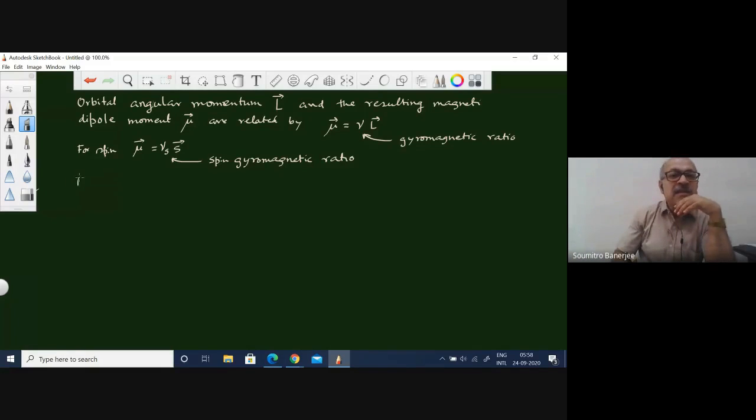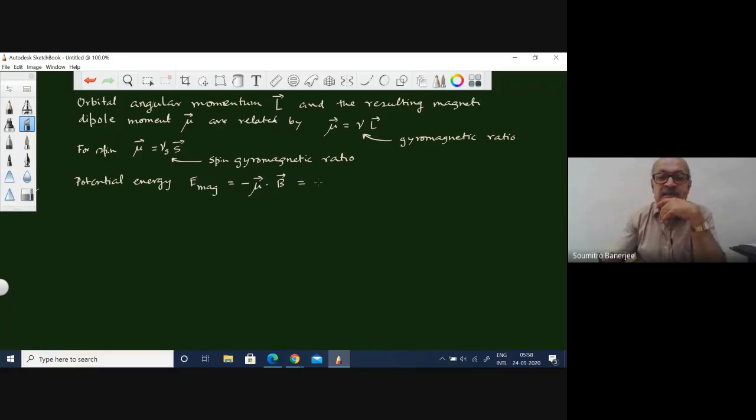That potential energy, let us call it E mag, the magnetic potential energy due to spin, is minus mu dot B, and we are now trying to calculate it for the spin, where mu is this, so we can write it as minus gamma S dot B.